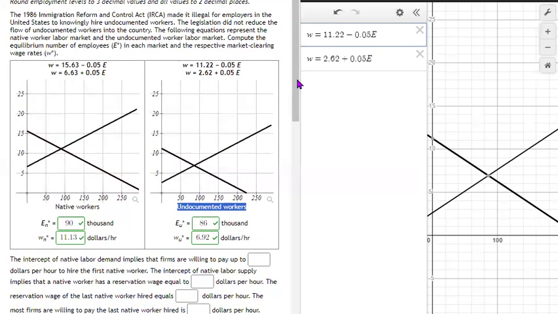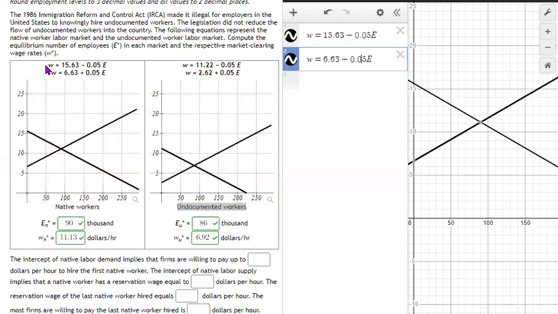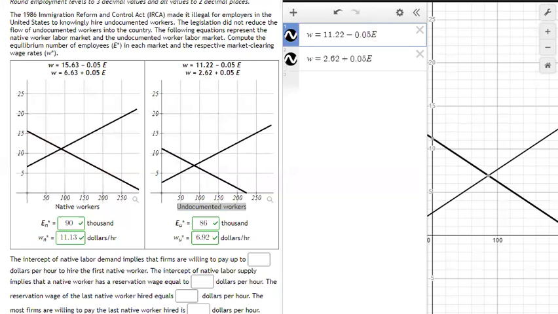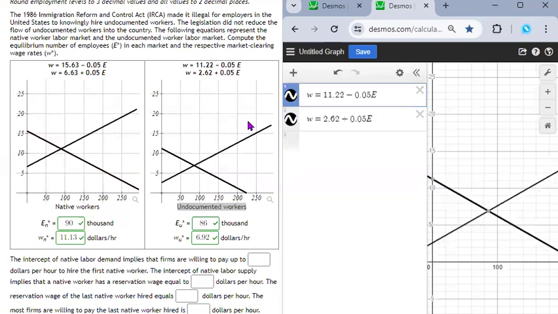Okay. Now, I copied the labor demand curve and the labor supply curve into Desmos. I did that on a second Desmos sheet, so I have two Desmos sheets here. And then I already entered in the equilibrium employment level and the competitive market wage rate, right?